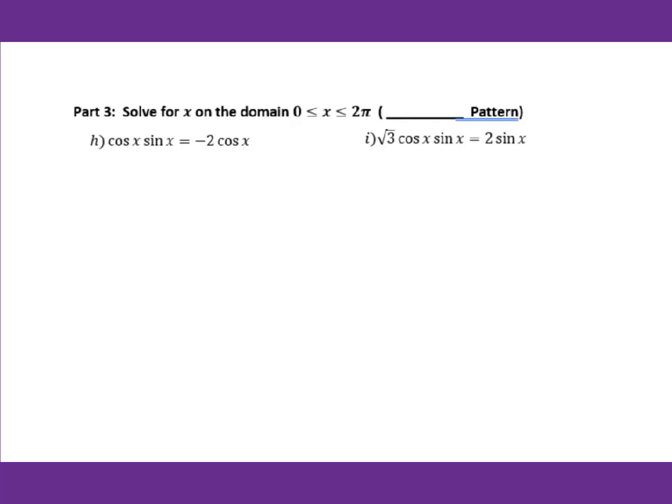Let's go to I. It's still a quadratic pattern because we know the degree for x times y is 2. For sin x times cosine x, degree still 2. So we count it as a quadratic pattern. Equal sign, that's the keyword.